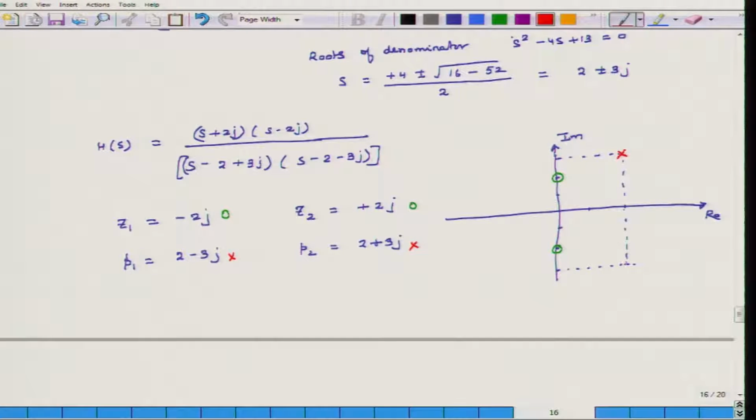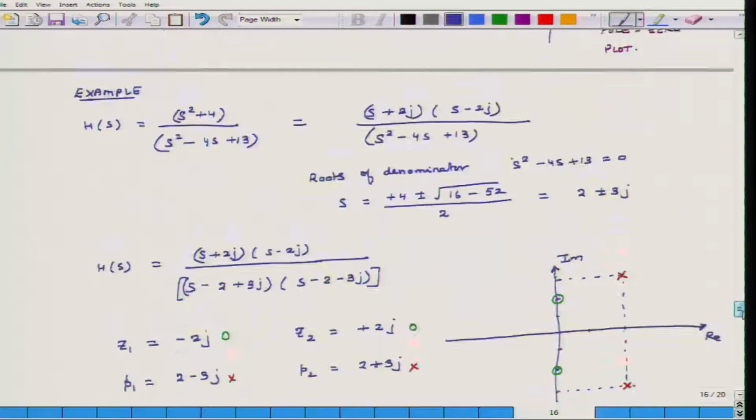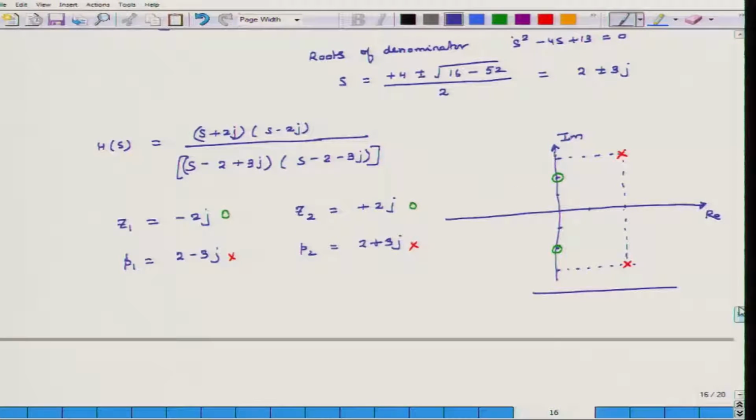This is one pole and this is the other pole. So, this is one case where the poles and zeros are not necessarily on the real axis, but somewhere in the complex plane.